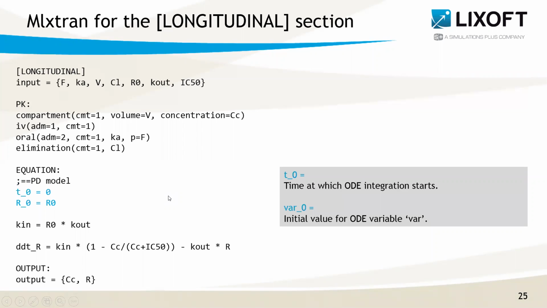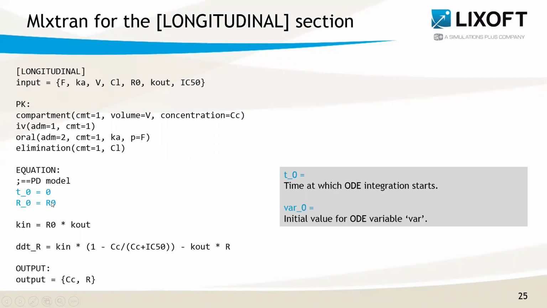Then I need to define the starting point for my ODE integration. First, the starting time, and this is defined using t_0 equals the initial time here, 0. And also the initial value for the ODE variable. The ODE variables can have any name you want. So here I have called it R for response. So R_0 equals R0, and R0 is one of my input parameters.